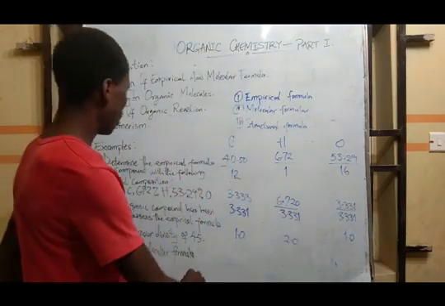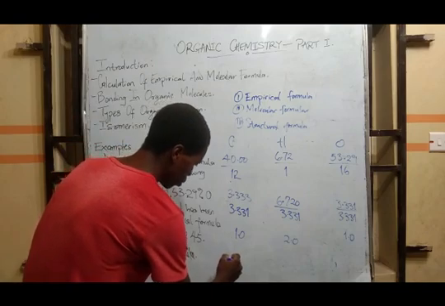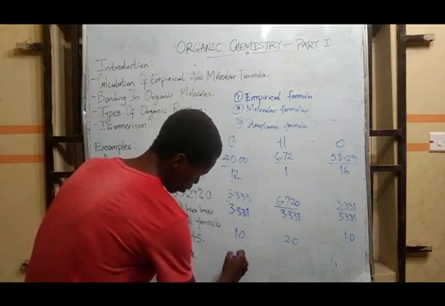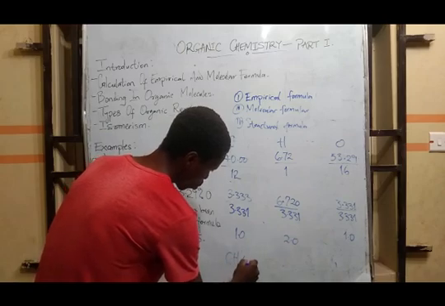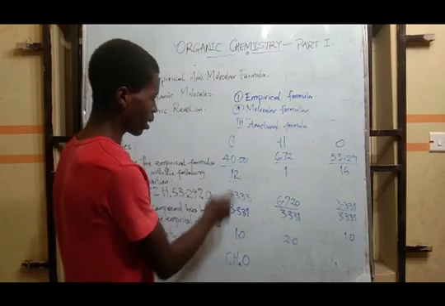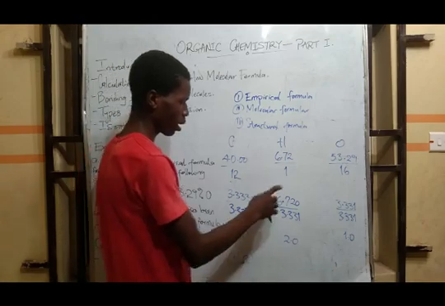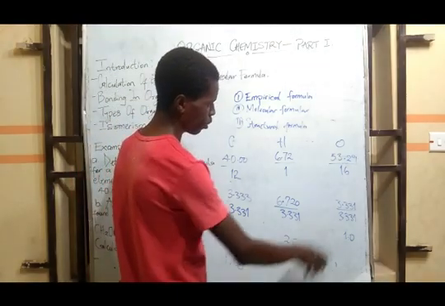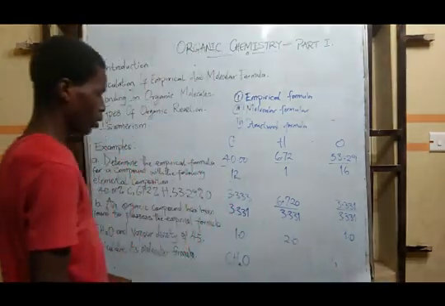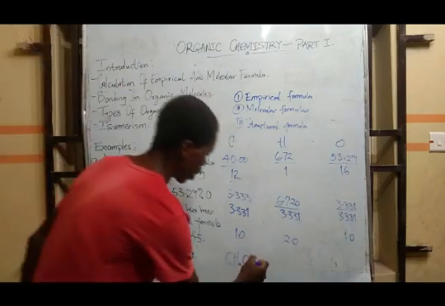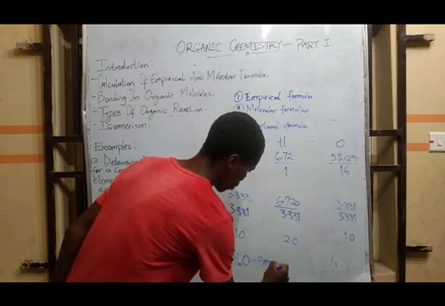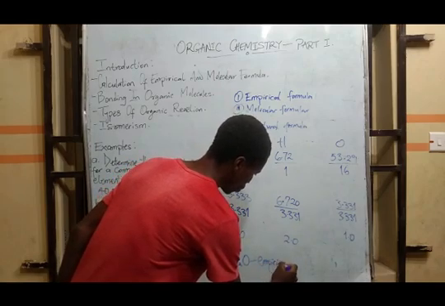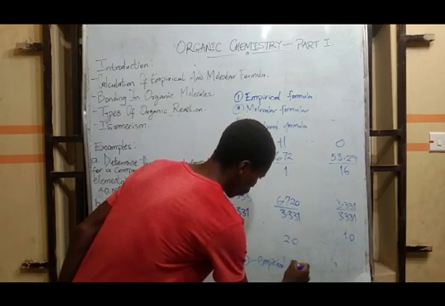Now our empirical formula will be CH2O. As you can see, the carbon has just 1, the hydrogen 2, and the oxygen 1. So this is our empirical formula.